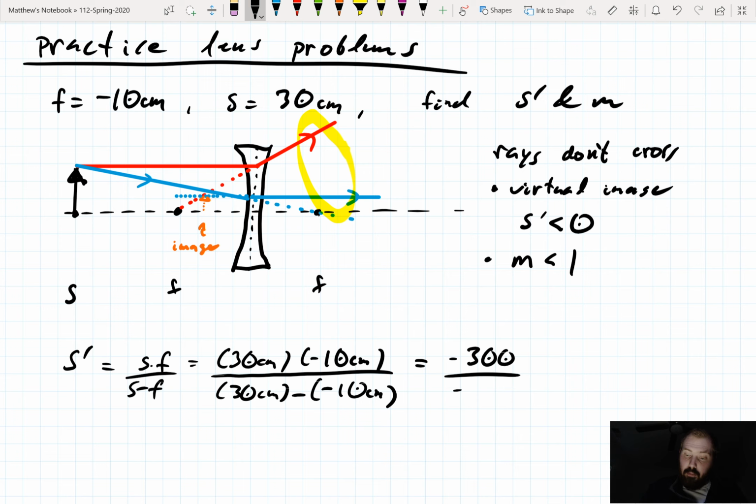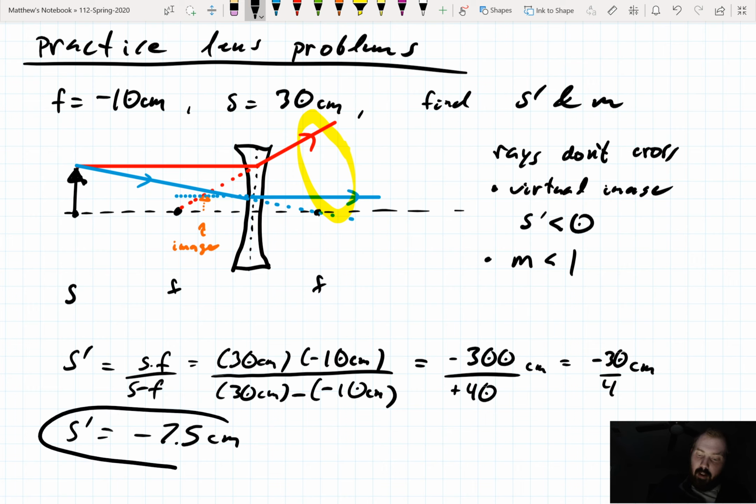Minus becomes positive. Overall minus 3/4 of 10, too many powers of 10. Right, minus 3/4 times 10, so S prime is minus 7.5 centimeters.